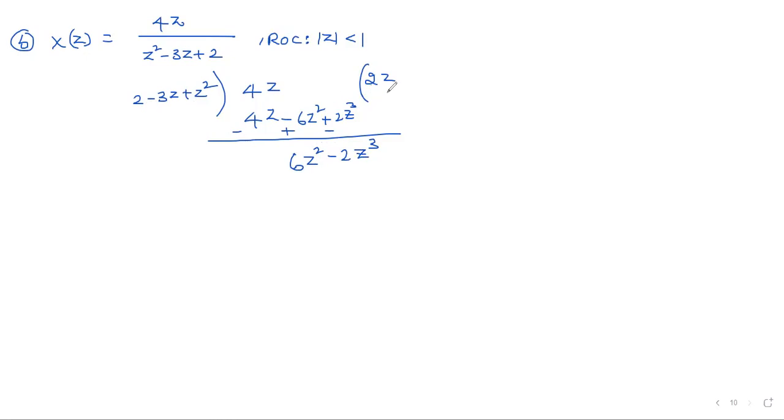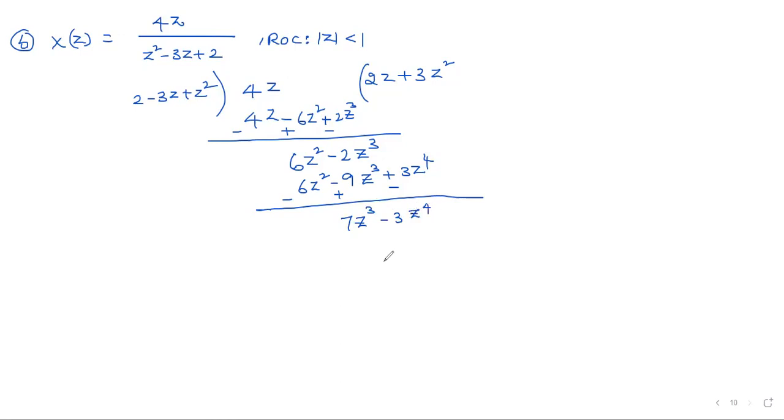Here 2 is there, so 3 times z square: 2 threes are 6z square, minus 3 into plus 3 becomes minus 9z cube, plus 3 into z power 4. Now 9 minus 2 gives 7z cube minus 3 into z power 4.